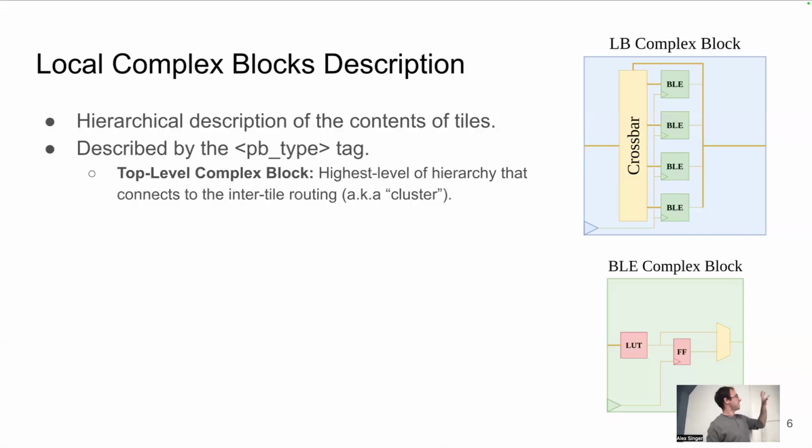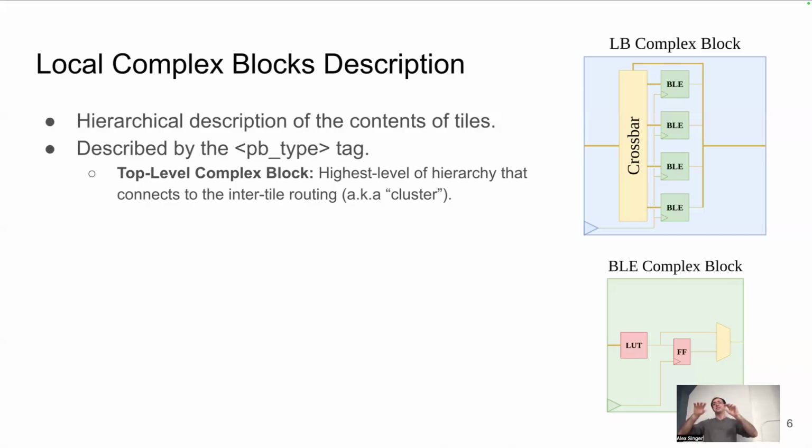So the top level complex block, this is the top of the hierarchy. We say this tile implements this complex block, or it's a little bit more complicated than that. I'll get to an example of it. It is the highest level of the hierarchy, and its role is to connect the inter-tile routing to the intra-tile routing.